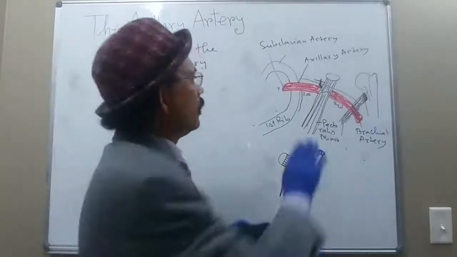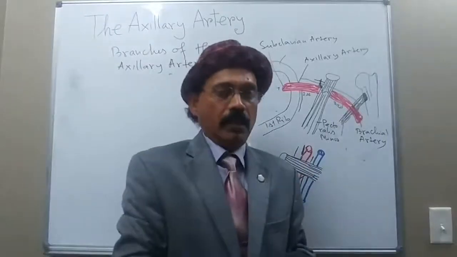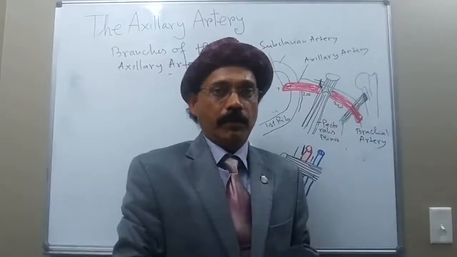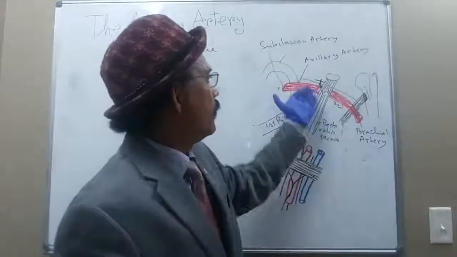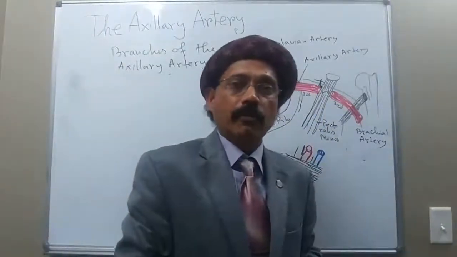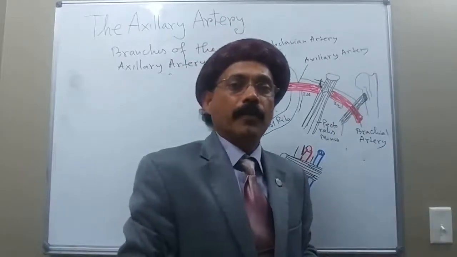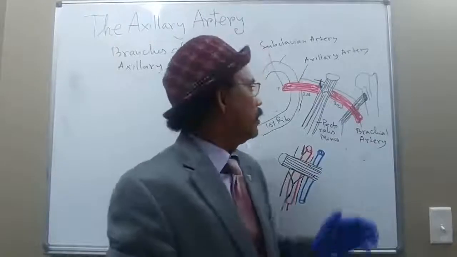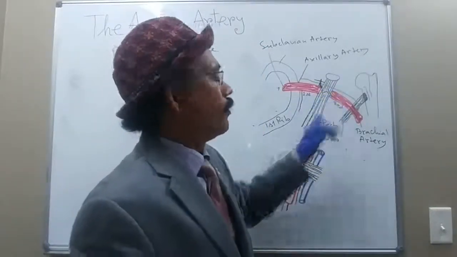Relationship: the first part is related to the skin, superficial fascia, the pectoralis major, deep fascia, clavipectoral fascia, and structures piercing the clavipectoral fascia anteriorly. Posteriorly, this part is related to the first intercostal space, external intercostal muscle, and the communicating branch between the lateral and medial pectoral nerves. The second part is under cover of the pectoralis major.